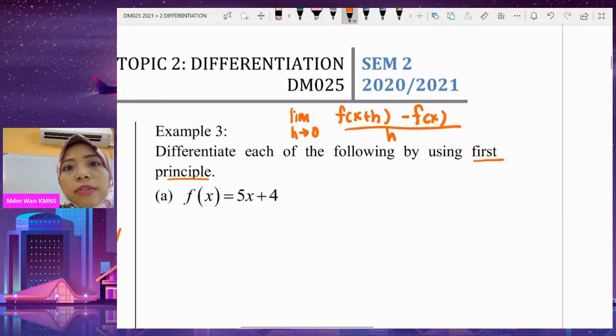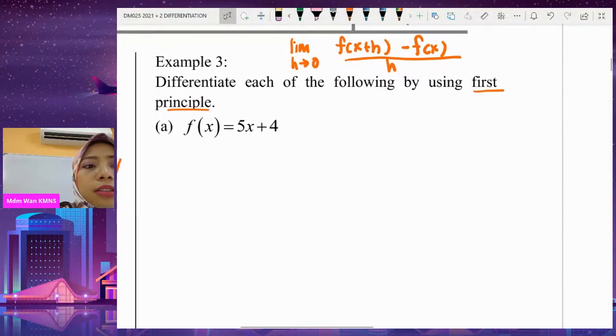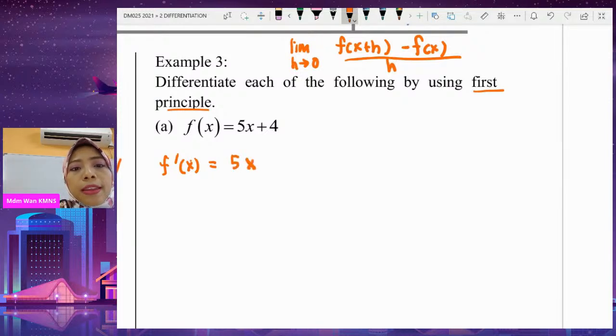Okay, so f prime x equivalent to, okay, 5(x plus h) plus 4. Okay, so basically I just write it down, I rewrite the function, it's just that x ni I add h on it. Okay, and then minus with f(x).